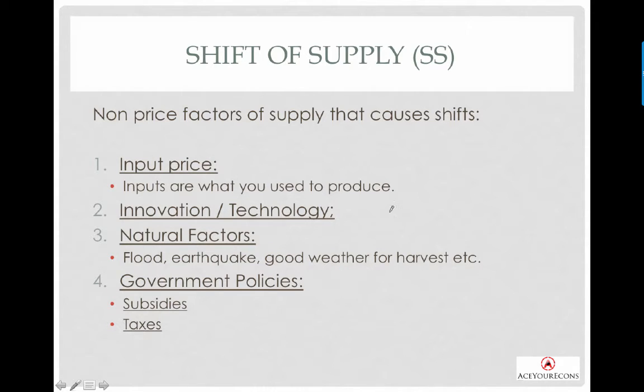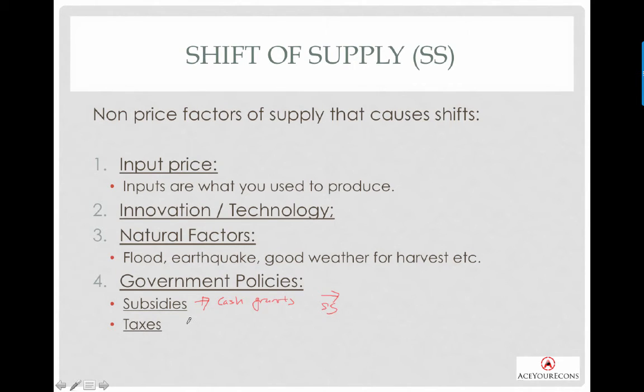And government policies, this is very important. We'll be extending to these two topics in the next few lessons. Subsidies are cash grants given to producers to lower their cost of production, and when you lower the cost of production, your supply curve will shift to the right.